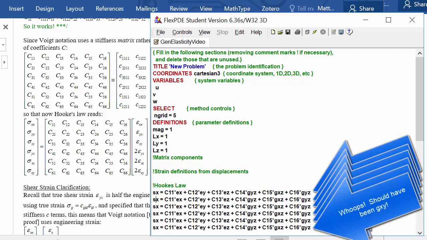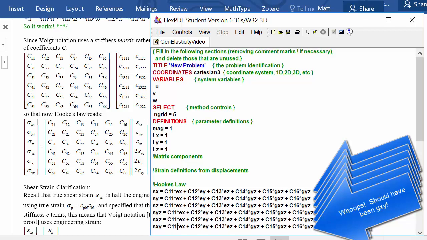So we're going to have YZ, YZ, XZ, and XY. And then over here, for the actual entries, we're going to go C1, 1, 2, 2, 3, 1, 4, 5, 6, and then same thing over here. 6, 5, 4, 3, 2, 1, 2, 3, 4, 5, 6.